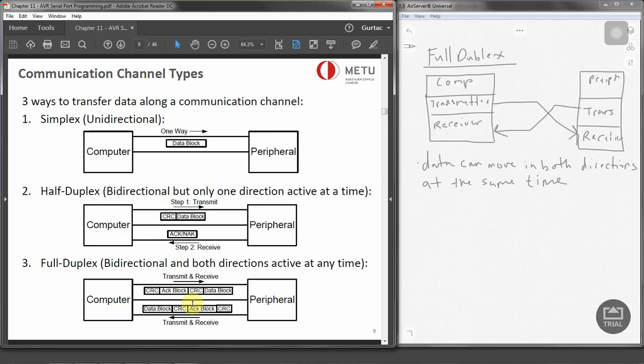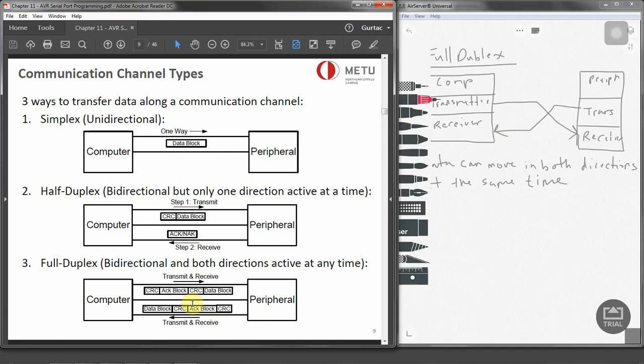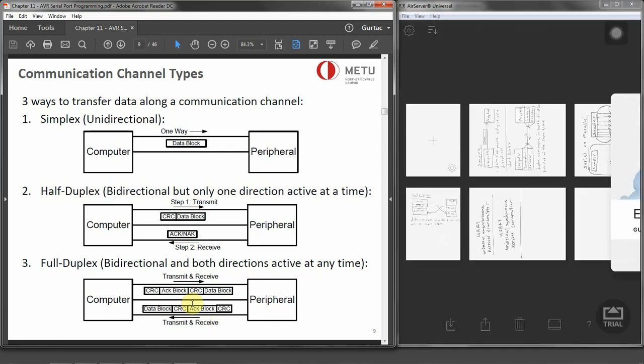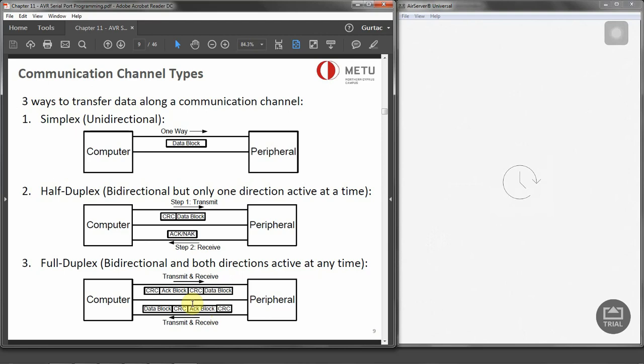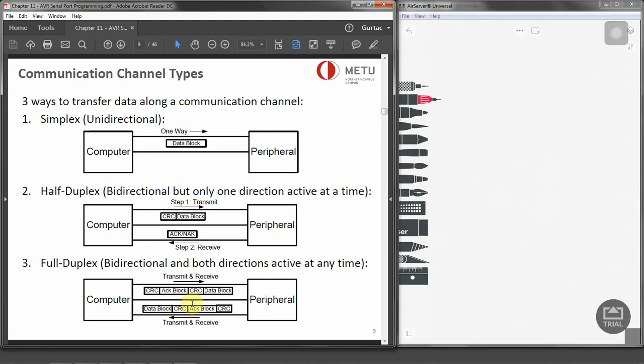Now, the next thing that we are going to consider is, when we talk about serial communications, we are actually talking about two methods of serial communication. Either it can be asynchronous or synchronous modes of operation. Now, the difference between them is quite obvious if you know the difference between the terms asynchronous and synchronous.